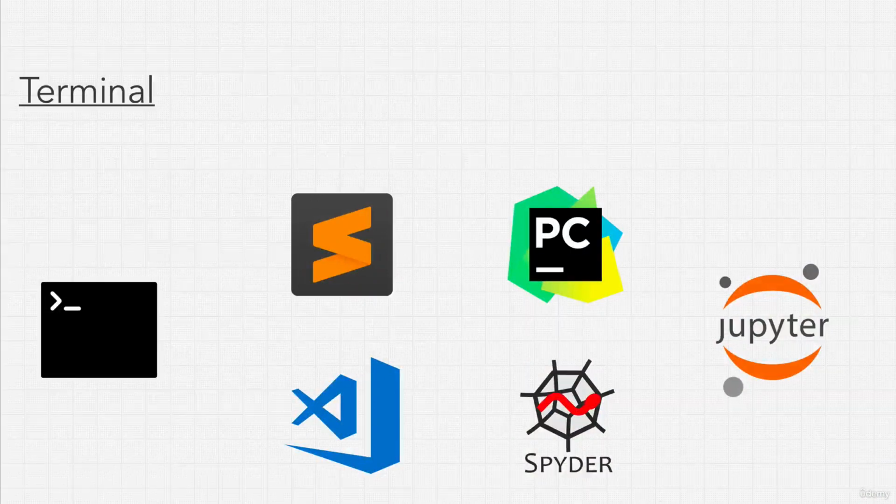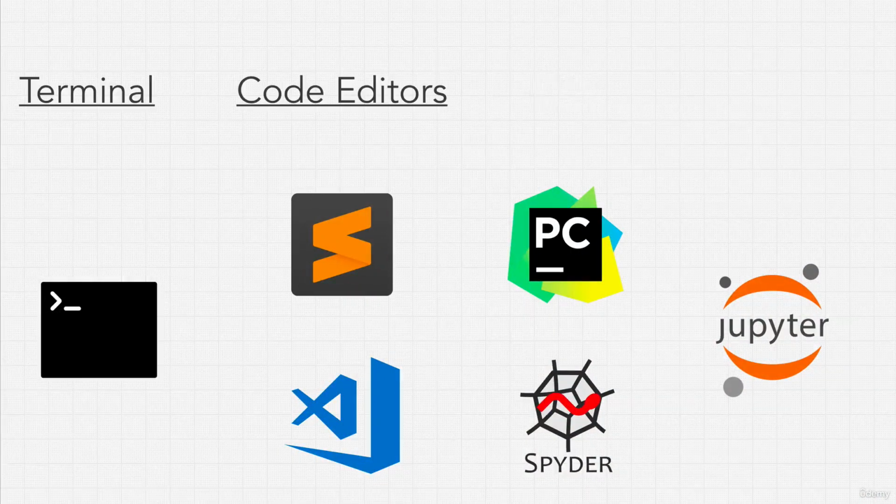Instead, most of the time, we use something like code editors or IDEs. Now, nothing's preventing me from writing Python code in, let's say, a Word document, a Google Docs, or a text file. But the problem with that is that, well, it just looks like text.